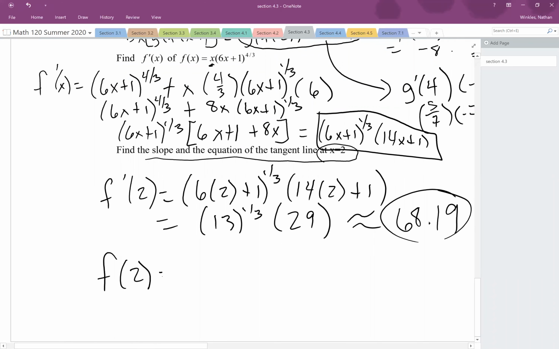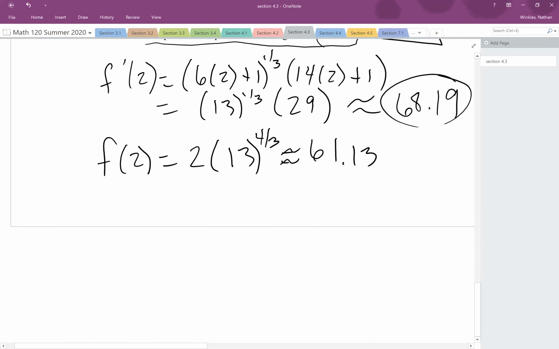So f of 2 is 2 times 13 to the 4/3, which is approximately 61.13. So we have a slope and a point. So we have y minus 61.13 equals 68.19 times (x minus 2).